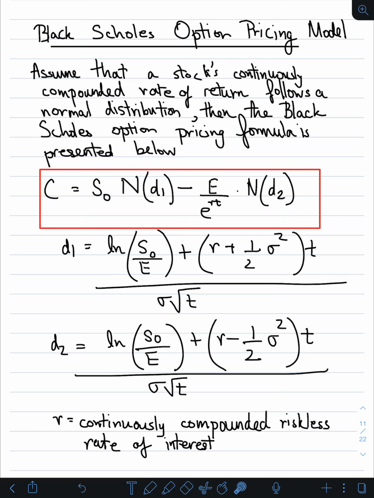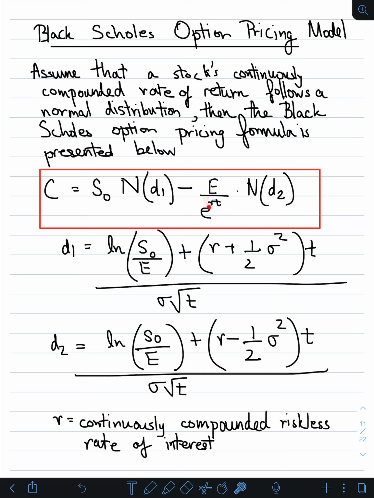What is capital E? Capital E is the exercise price of that option. This little e is the exponential function, with a value of 2.7183, so you can think of it as 2.71. R again is the continuously compounded riskless rate of interest.